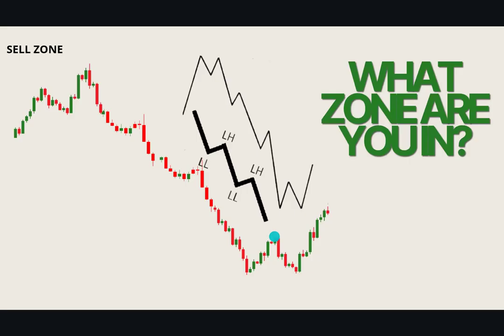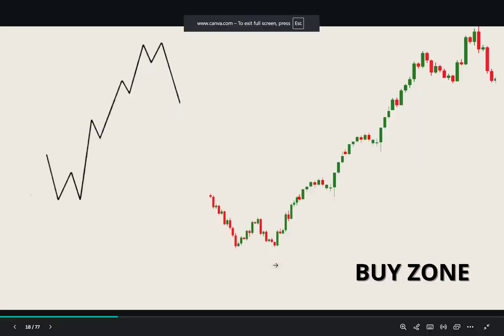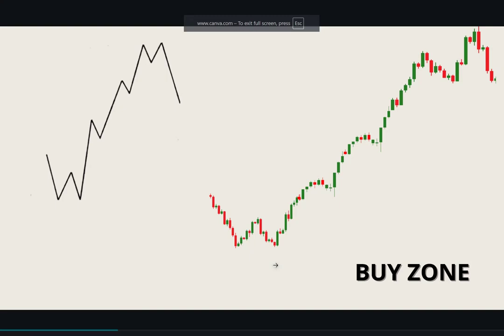All right. Hopefully this makes a piece of sense for you. If it doesn't, please ask questions just to make sure there's nothing that you are missing. Again, your buy zone begins with equal lows or an anchor W, and it ends with equal highs or an anchor M.